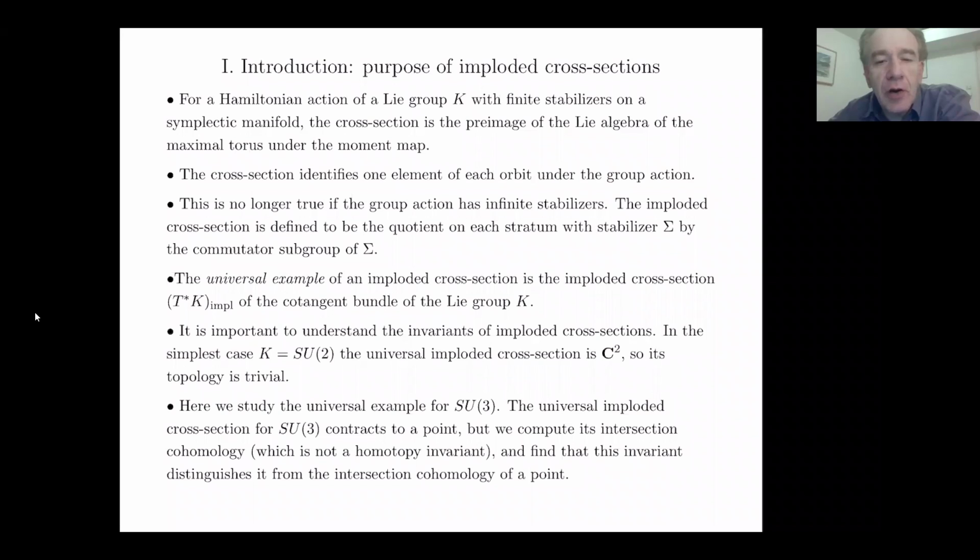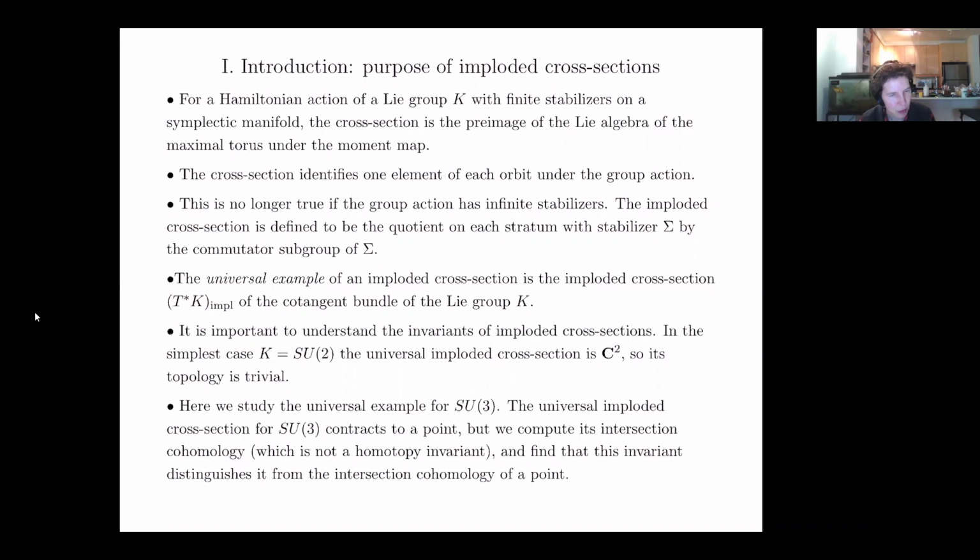Sorry, and how come that commutator subgroup enters the play? I will get to that. The reason is that the cross section turns out not to be symplectic. The preimage of the Lie algebra of the maximal torus under the moment map is not symplectic.